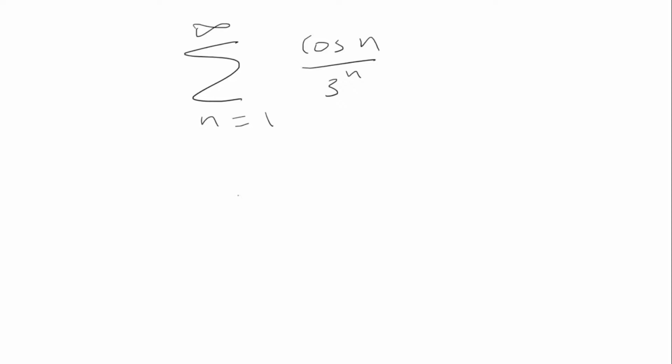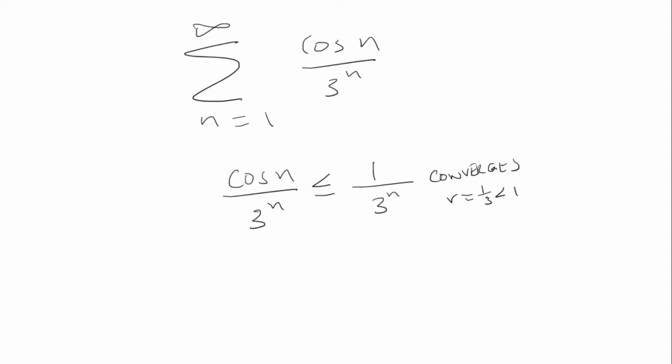So what we're going to do is find something bigger. So we know that 3 to the n is just 3 to the n, whatever. But we can find something bigger than cosine n, which is just 1, because we know 1 is an upper bound. And we know that this is going to converge. 1 over 3 to the n converges because the ratio is 1/3, which is less than 1. The absolute value is less than 1.